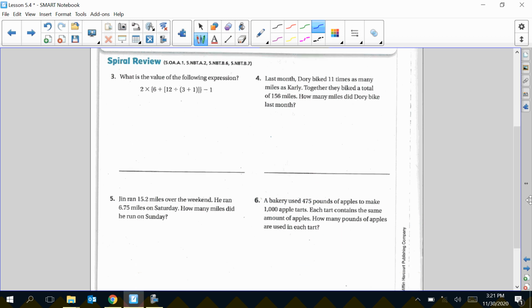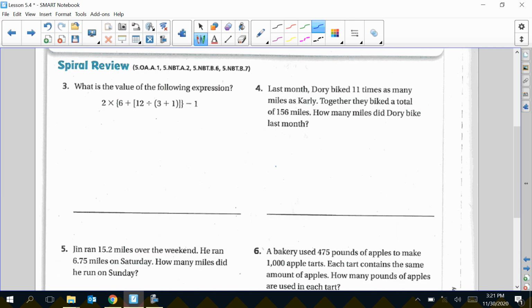Question number 3, as we look at this here, go ahead and zoom in just a little bit. This is an order of operations question. When we have order of operations, we are going to use PEMDAS. And this is a special type of order of operation because there are parentheses, brackets, and braces inside of here.